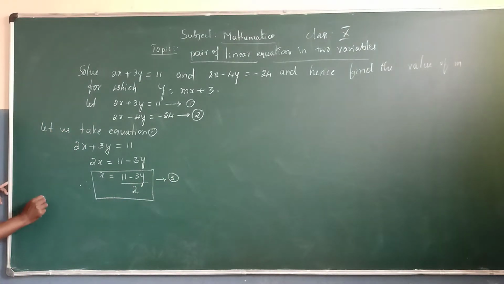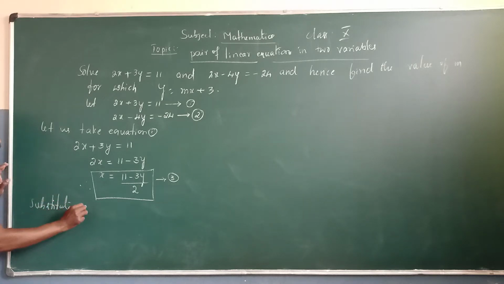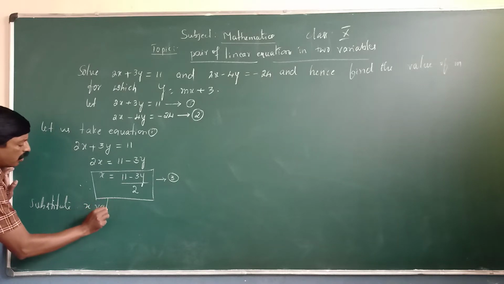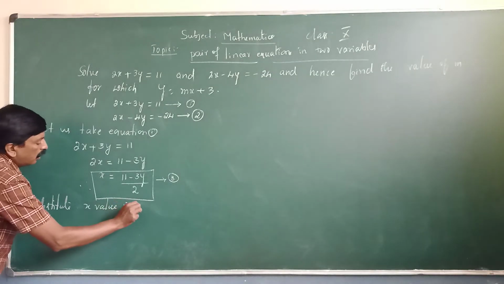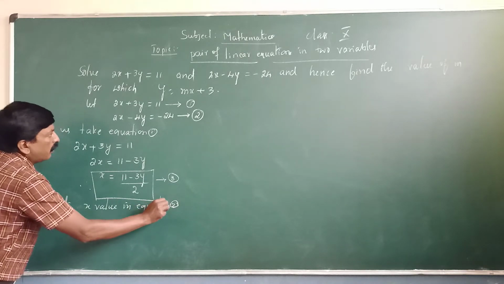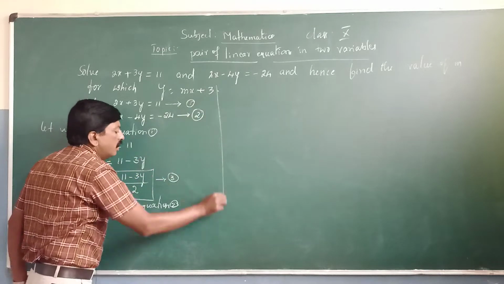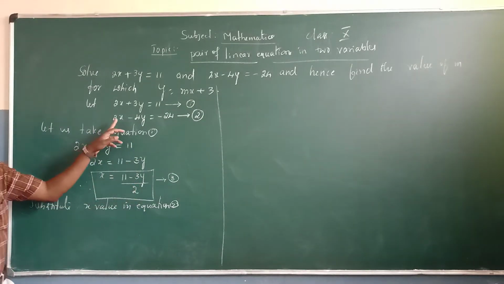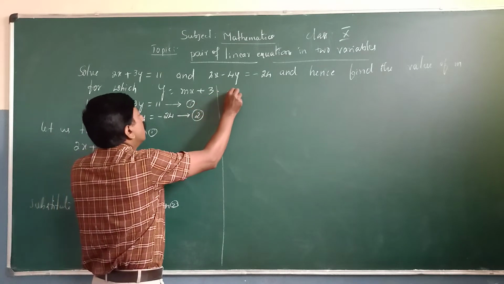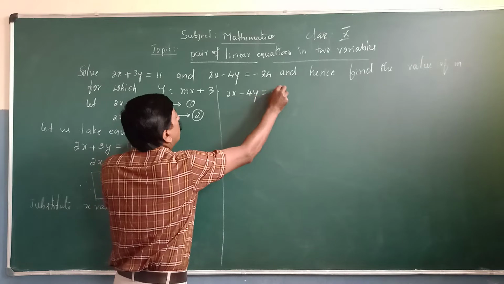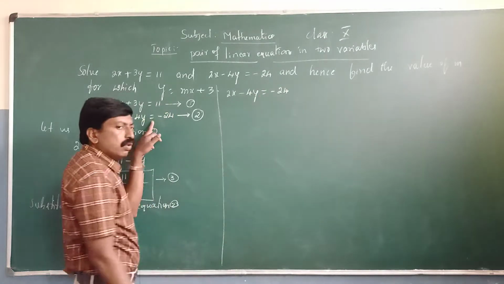Now substitute this x value in equation 2. Remember, 2x minus 4y is equal to minus 24.